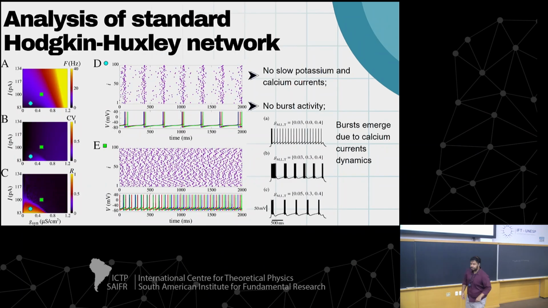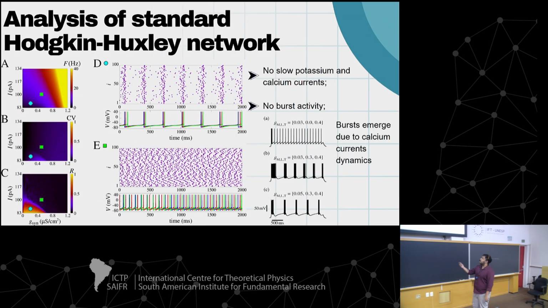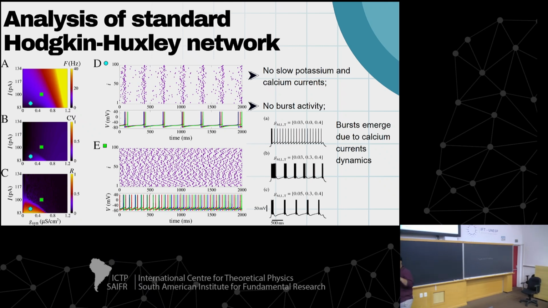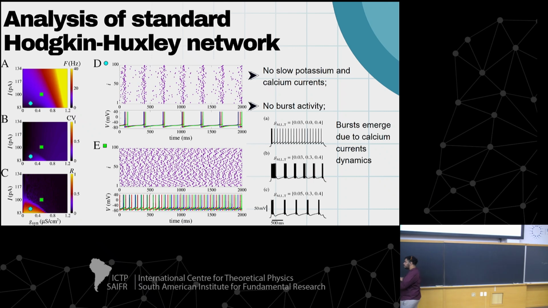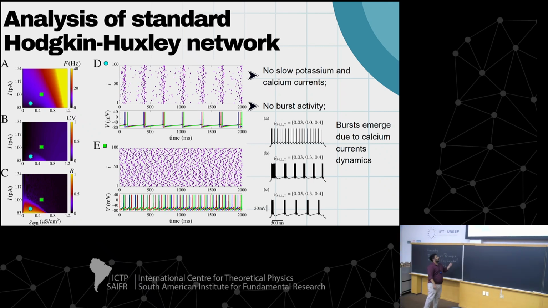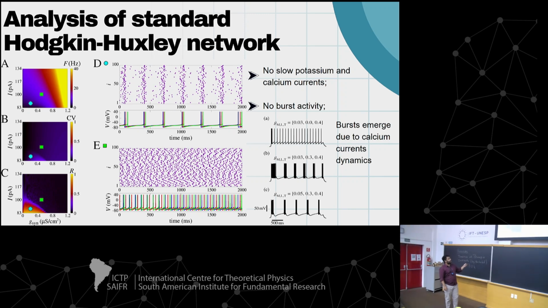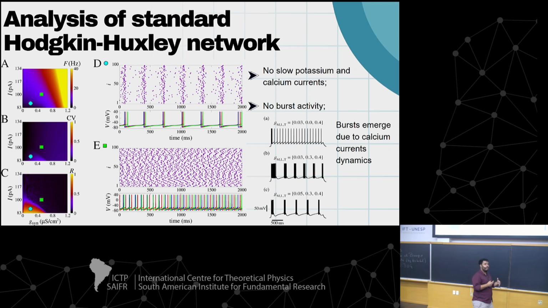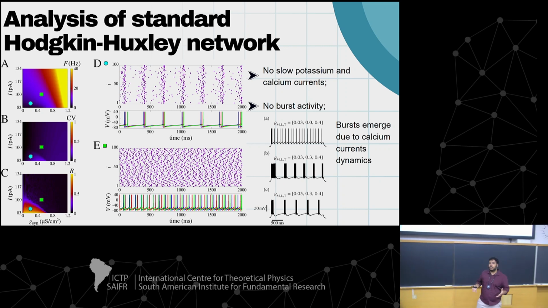So first, a quick analysis of the standard Hodgkin-Huxley model. If we have a network composed only of Hodgkin-Huxley neurons, excitatory and inhibitory, and we vary the input currents in each neuron and the coupling strength, we can get different dynamics: synchronization of spikes, desynchronization of spikes, high frequency, but we cannot find burst activity or synchronization of burst.